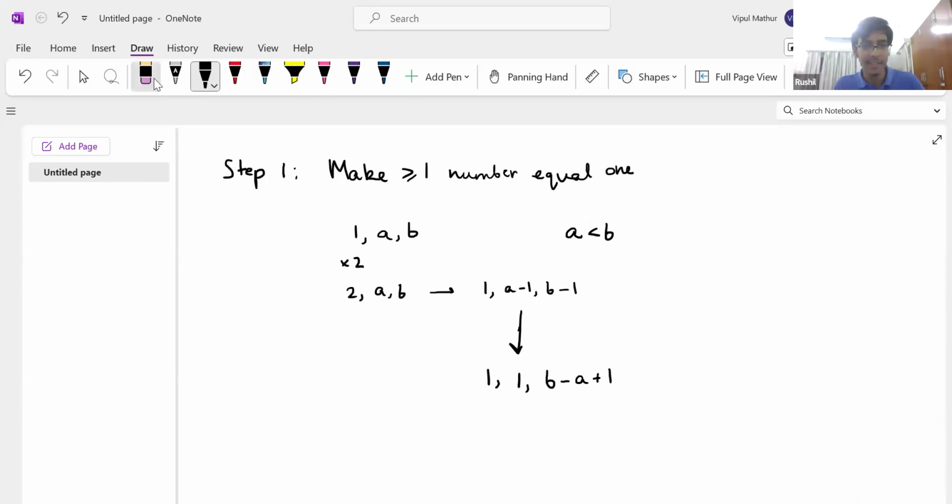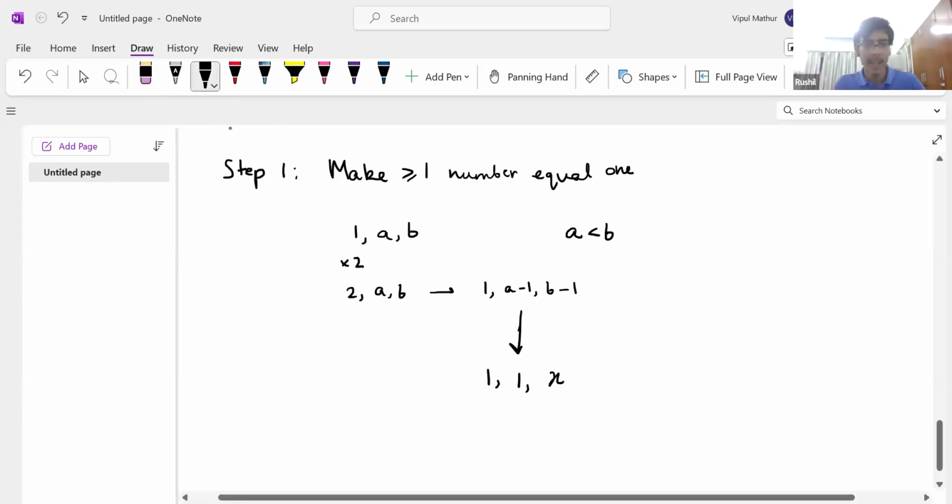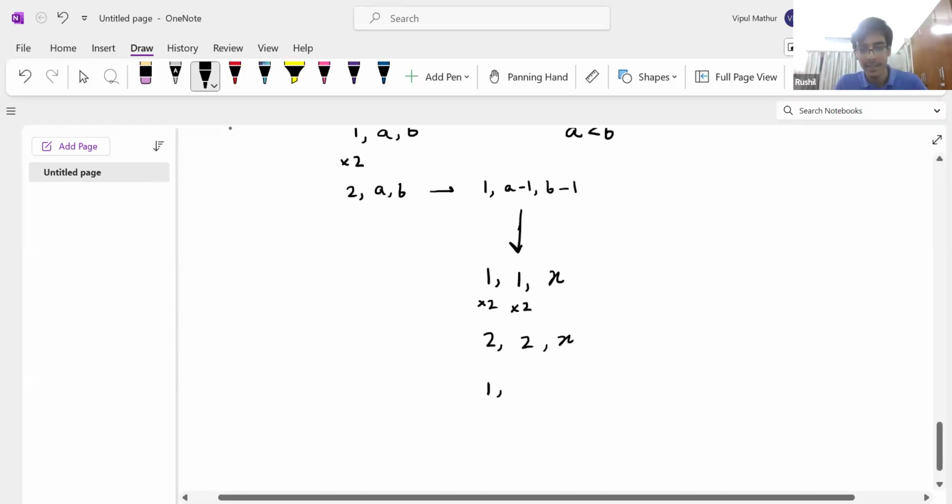Some number, we don't even care what it is, some X. And then what you do is you multiply both of these ones by 2. So you get 2, 2, X. And then you make this 1, 1, X minus 1. And you repeat this until you get to 1, 1, 1. And then you subtract 1 from all of them. It becomes 0, 0, 0.